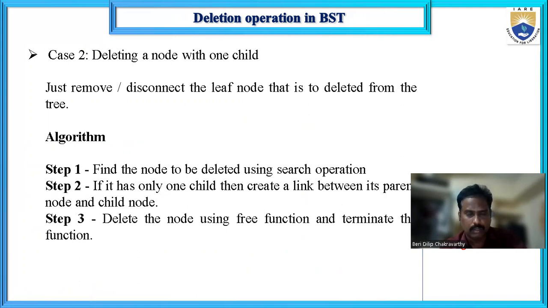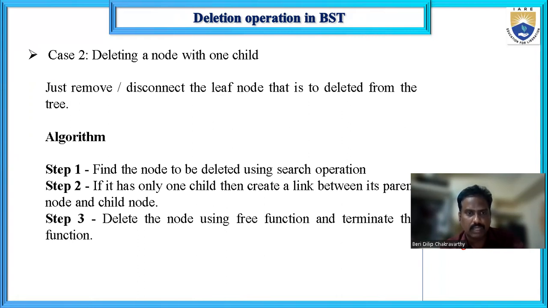So you simply delete that node and link the parent to its child. If you see the algorithm steps: find the node to be deleted using the search operation. If it has only one child, then create a link between its parent node and child node. Delete the node using the free function and terminate the function.